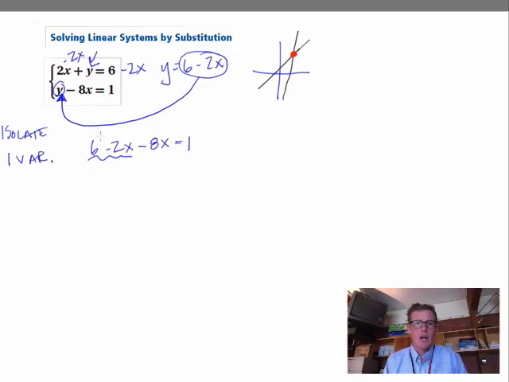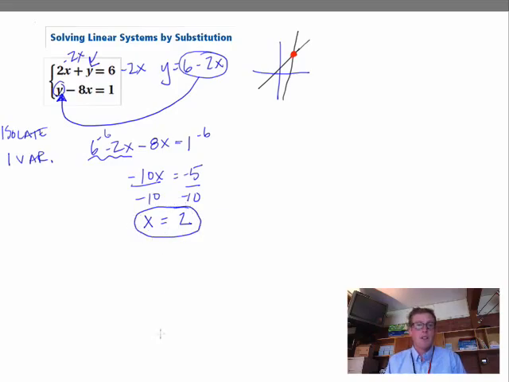From here I can subtract 6, so now I have equals negative 5, and negative 2x and negative 8x equals negative 10x. If we divide out negative 10, now I have x equals 2.